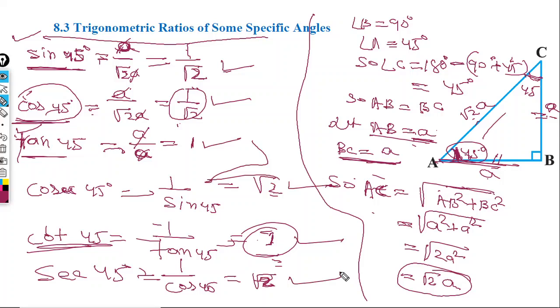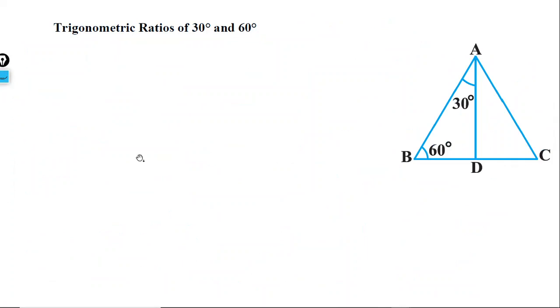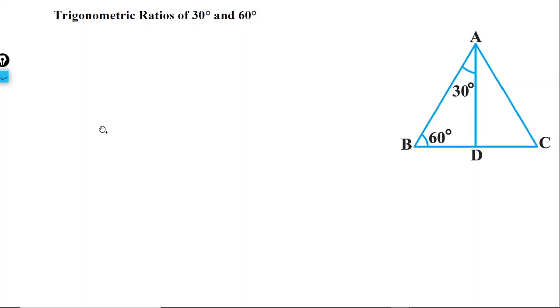Okay, remember it. Now we will move to the next angle, say angle 30. Here in this figure you can see, now we will consider the trigonometric ratios of angle 30 and angle 60.